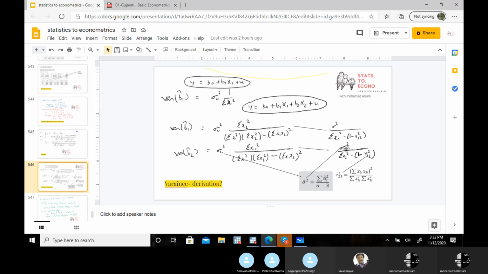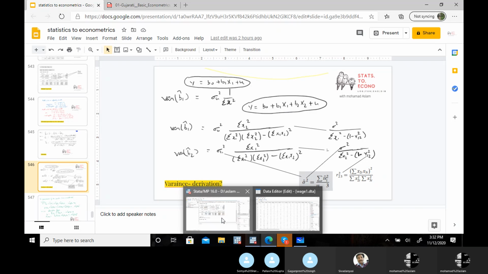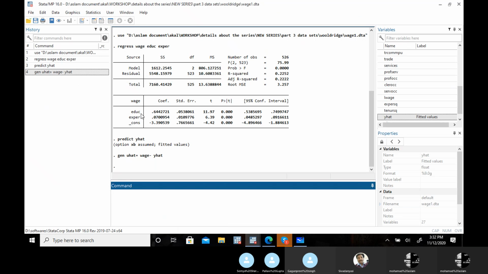Then you will get the sigma square value that you have to put here. Then all these values you have to calculate manually, and if you put them in, you will get the variance of beta 1 and beta 2, and if you take the square root of that, you will get the standard error for beta 1 hat and beta 2 hat. Is this standard error clear? Or do you need a derivation as well for this variances part?